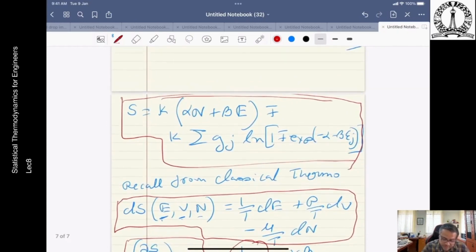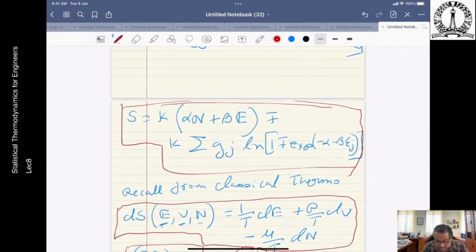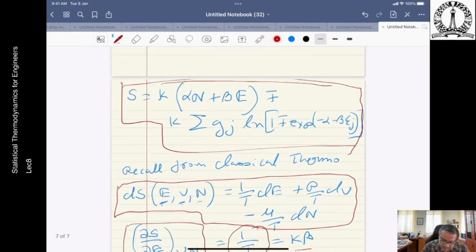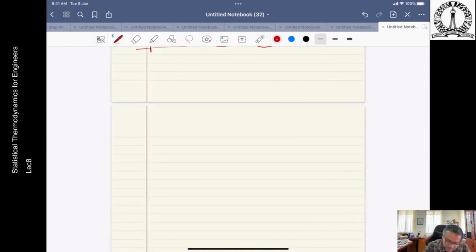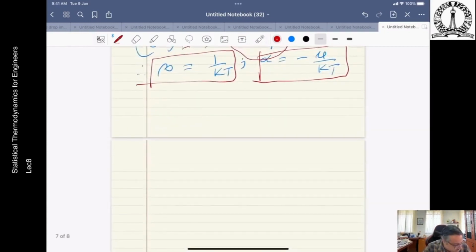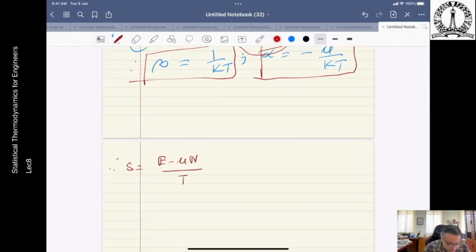This gives us the unique opportunity to find the values of beta and alpha. Therefore, go to the next page. S is written as (E minus mu N) by T. Now we can substitute.